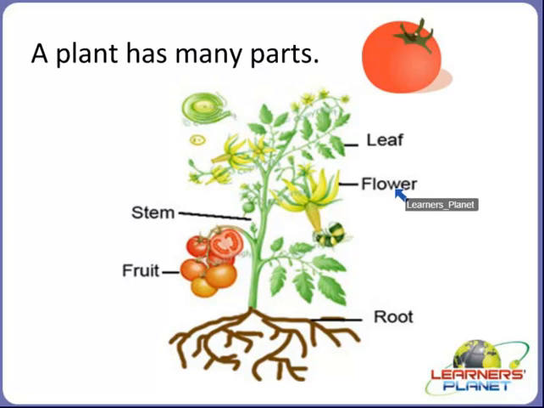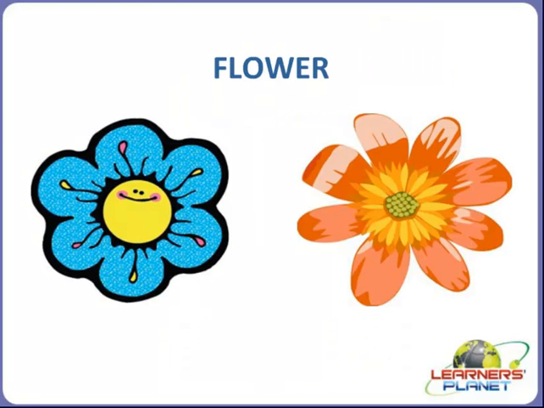So there are 5 different parts of a tomato plant. Now we will study about all the parts of a plant in detail.